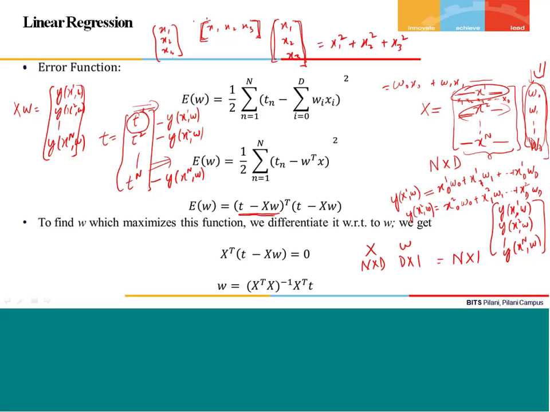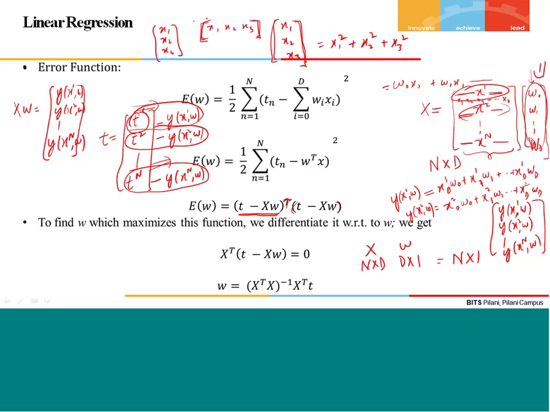So what is this vector? This vector has the first value this one, second value this one, and nth value this one. When I multiply the transpose with the actual vector, I will get the sum of the squares of each component.